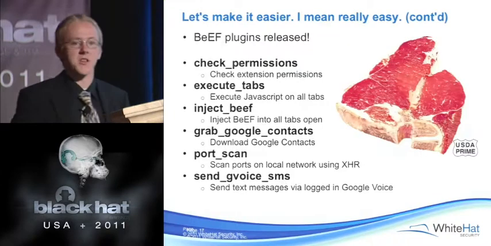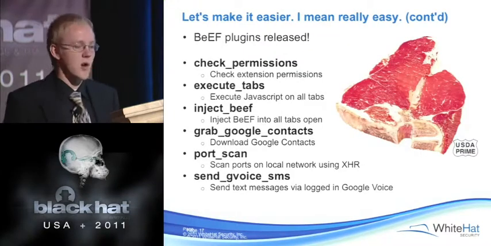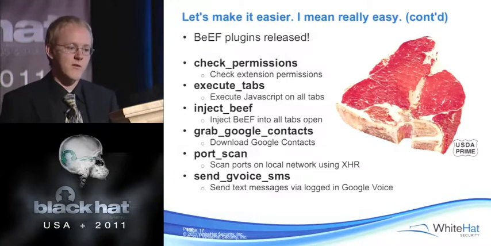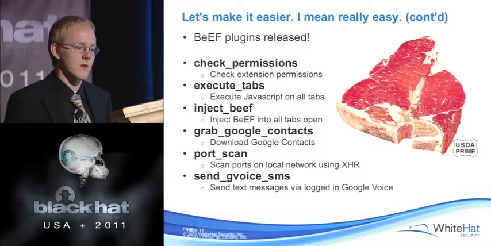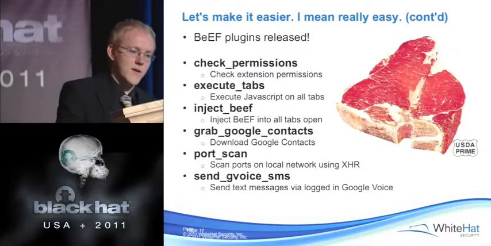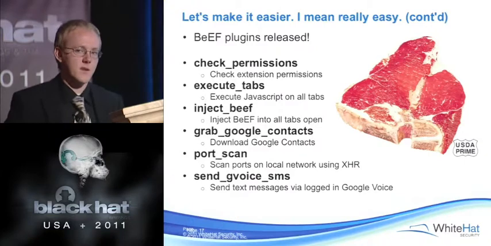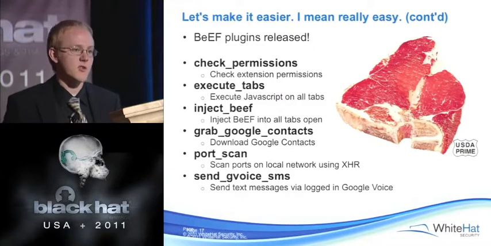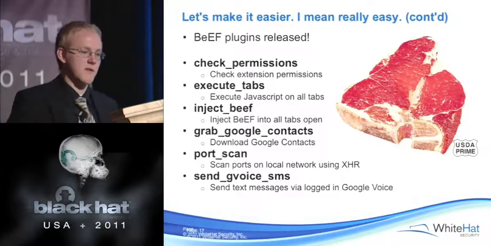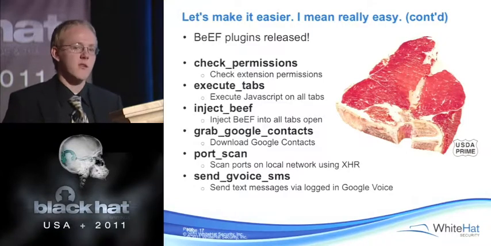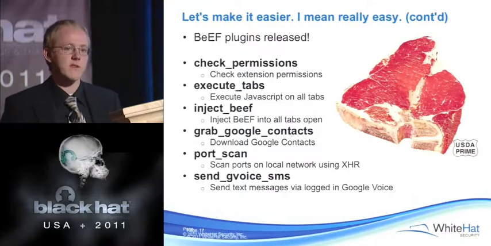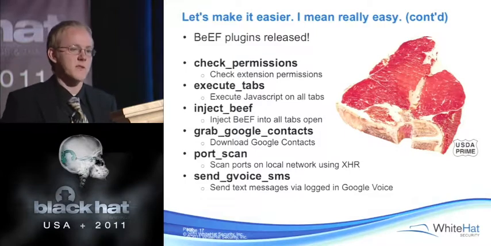And then on top of that, we can replay commands as necessary. So I've gone ahead and put together a few BeEF extensions, not too fancy. If you're able to own an extension that you're not really familiar with and you don't want to go and look it up, you can just hit the check permissions button, and that'll run JavaScript in the extension, which returns all the permissions that it has.